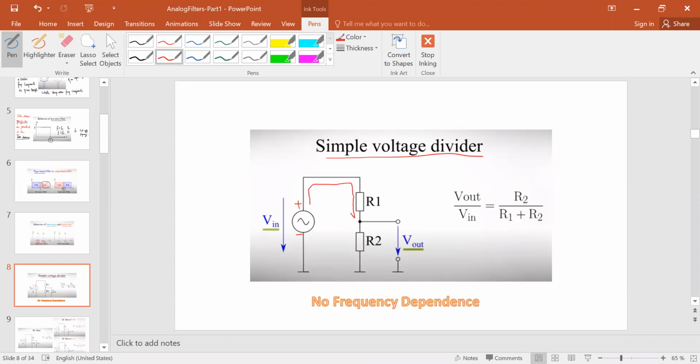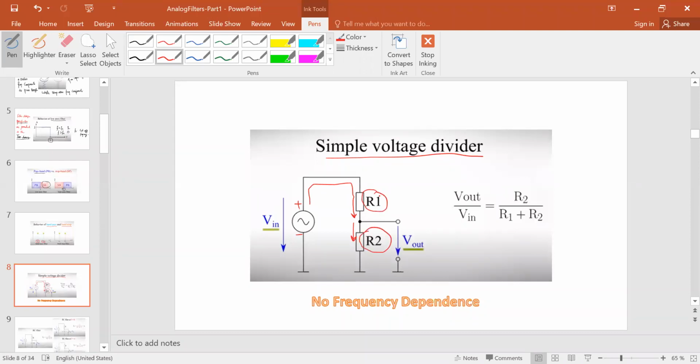It will go through R1, and the same current will go to R2 because the other end, which is going outside, is open, and an open path cannot have a current. So current cannot divert. The same current that goes through R1 goes through R2.